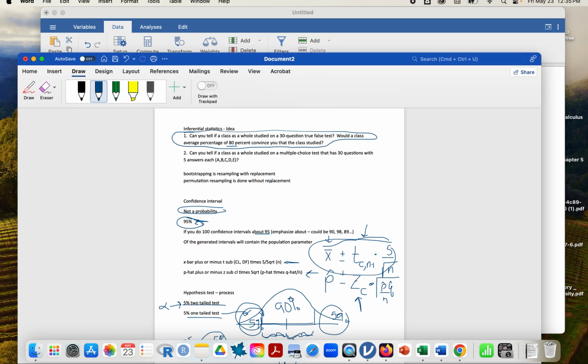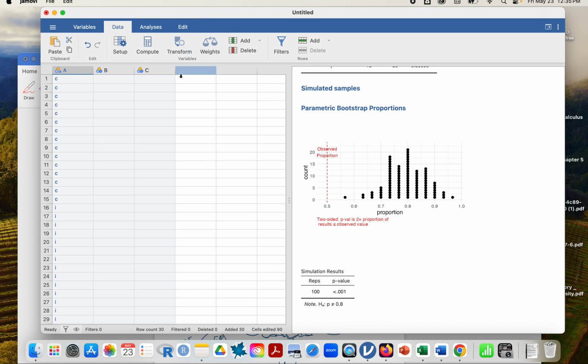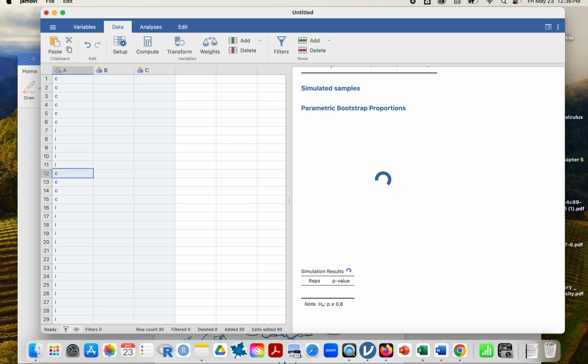You can do the same idea if you had 30 questions and you had 5 choices, A, B, C, D, E. So what would happen is you'd have corrects 1/5 of the time, and so you would repeat that process. So you'd have 1/5. 1/5 of 30 is 6. So you'd have corrects here, and then everything else would be incorrects.